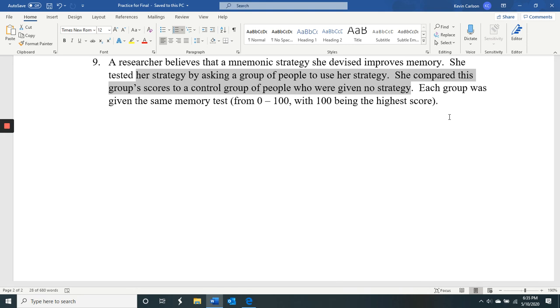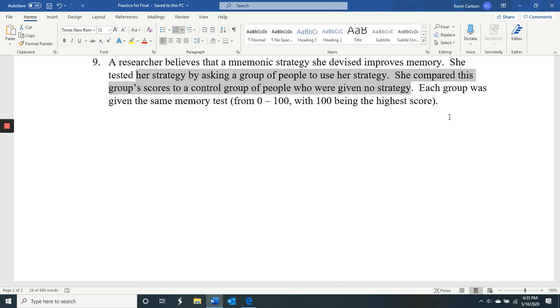Was it between or within? This is a between subjects design because there was one group that had the strategy and there was another group that didn't have the strategy. No participant had both strategy and no strategy. It's either you had a strategy or you didn't. So there's two separate groups, two levels of a variable.